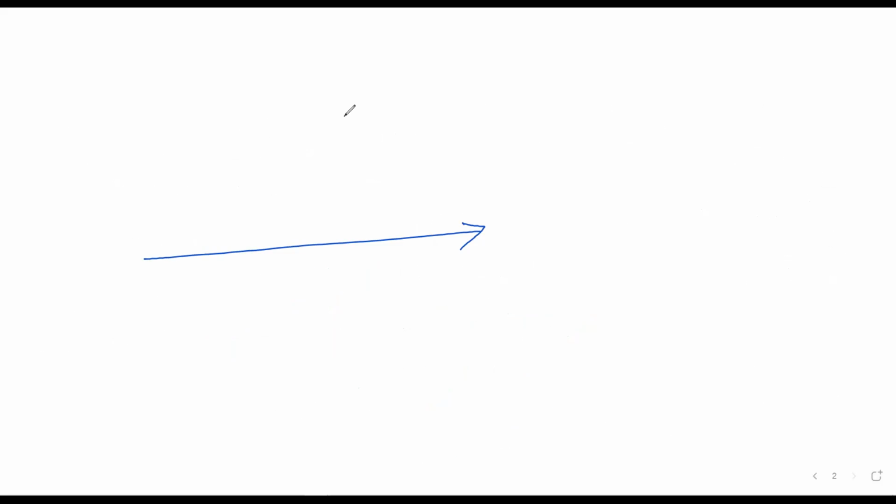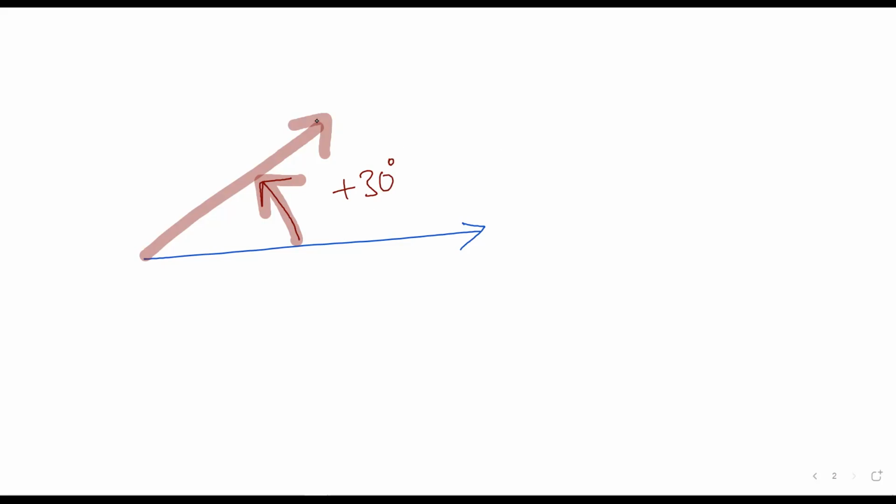So for example, if this is the line, and I want to measure this angle. Now, this is anti-clockwise, so the angle would be positive. So this angle would be say positive 30 degrees. Any doubt?